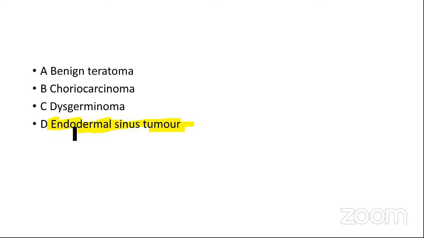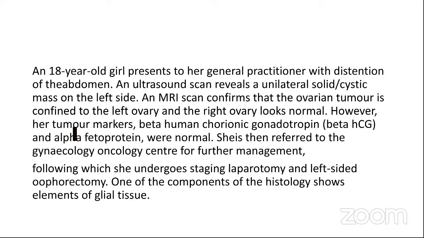History is very, very important. And in the history, you have to see what they are asking about the tumor markers and histopathological examination. They carry a lot of weightage. And based on the history and tumor markers, you can answer accordingly, right? Next question.